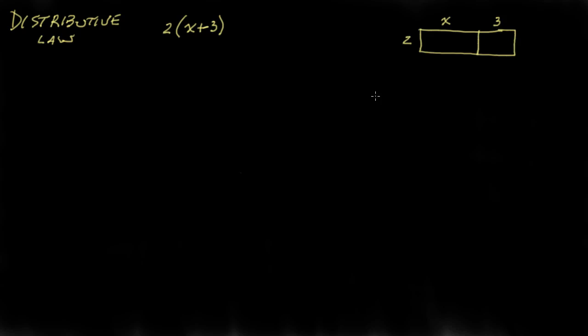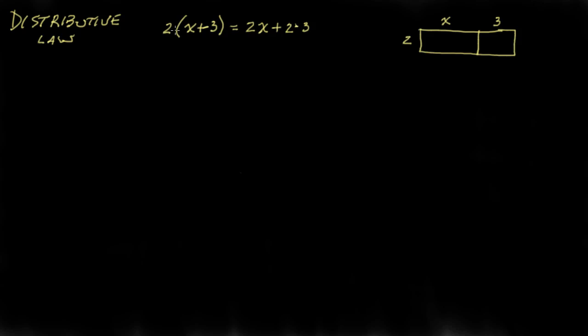And when I use that thinking, I notice that I've really got, in a sense, 2 different rectangles. One rectangle with an area of 2 times x, and the other rectangle with an area of 2 times 3, or 6.